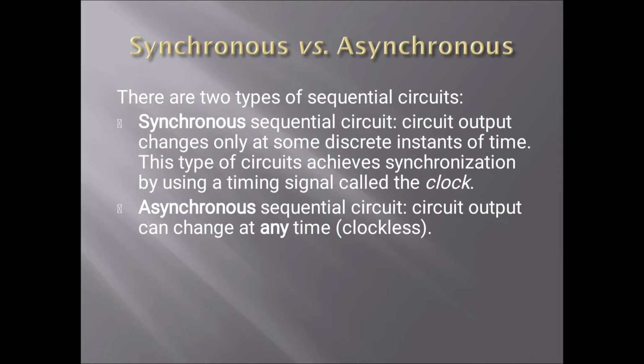Sequential circuits are of two types. First is the synchronous sequential circuit and second is the asynchronous sequential circuit. In a synchronous sequential circuit, output changes only at some discrete instants of time, and to achieve synchronization in the circuit we have to use a timing signal, and that is known as clock.